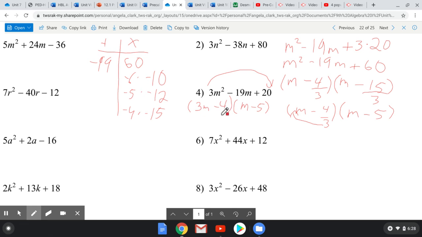Yes, I do. If I multiply these two, do I get positive 20? Yes, I do. So I've done my splitting up of this correctly, because now I have the 3 here and the 20 here like they're supposed to be.